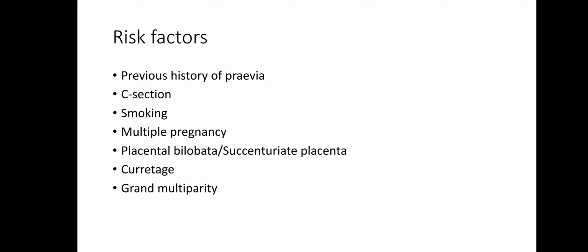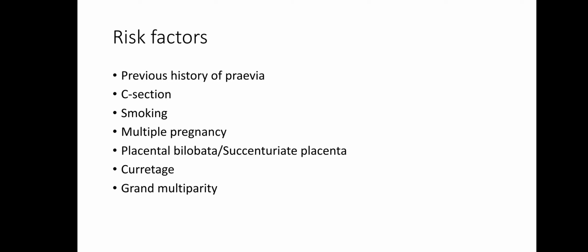So the placenta needs to spread out to increase its surface area. So things like smoking, which clogs up your blood vessels, make it harder for the placenta to get enough nutrients and oxygen from the existing uterine vessels. So it has to spread out to increase its surface area. So by spreading out, there's a high likelihood it will go to the lower uterine segment.